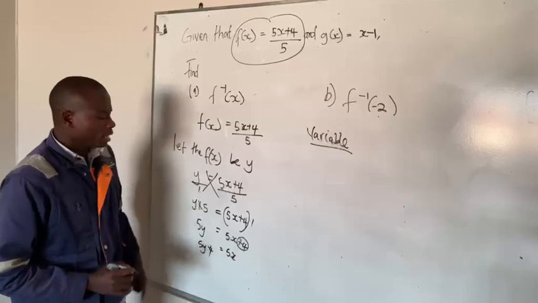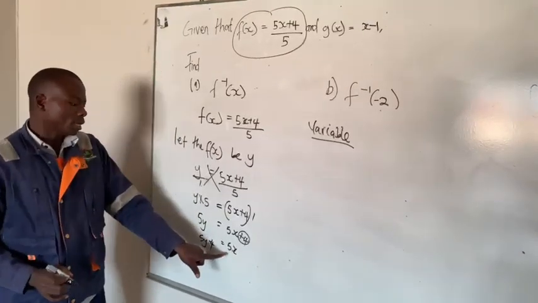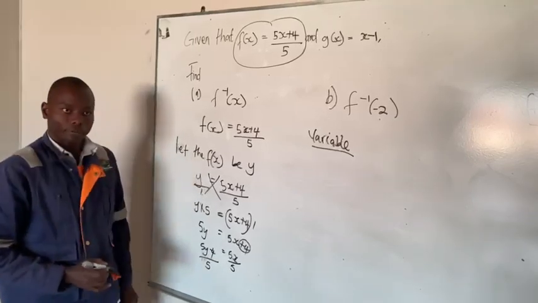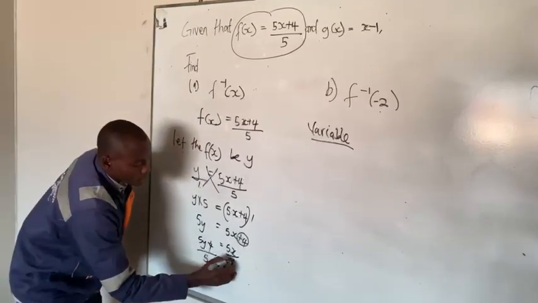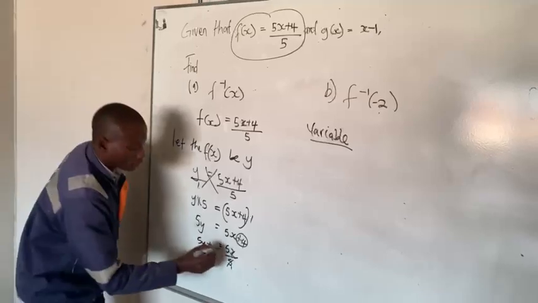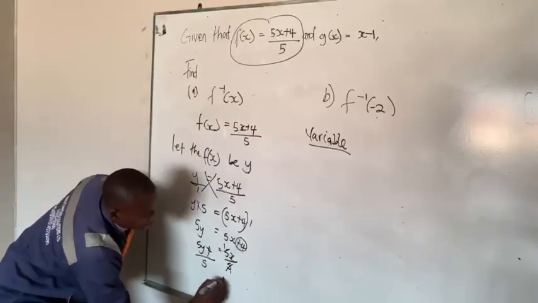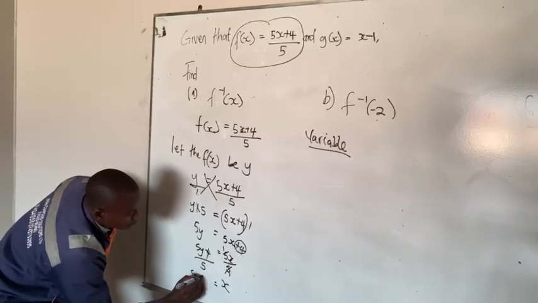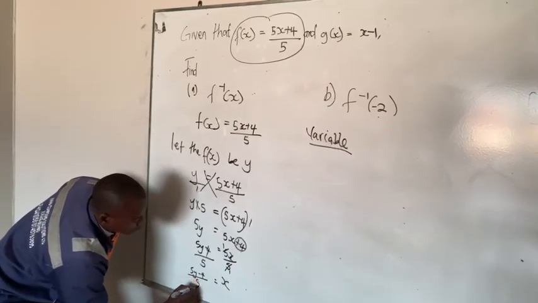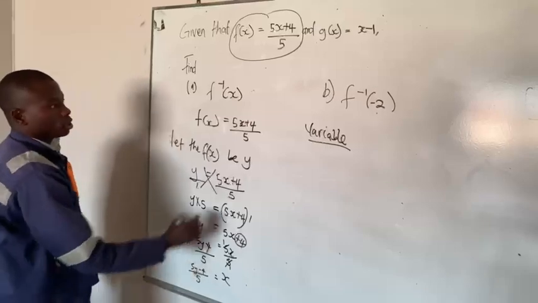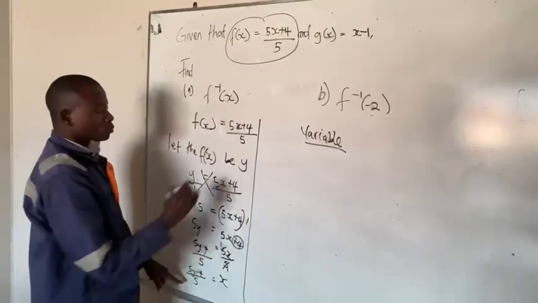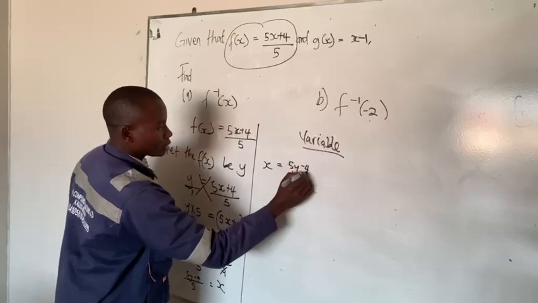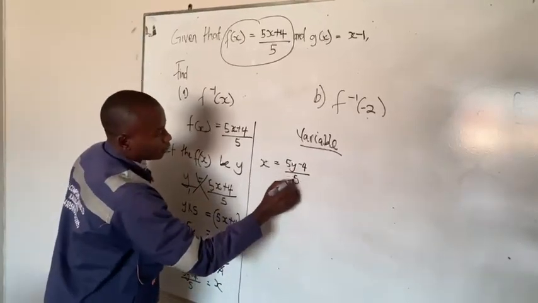Since I'm making x the subject, I will divide both sides by 5. 5 divided by 5, I get 1. Here I get x equal to (5y minus 4) over 5.